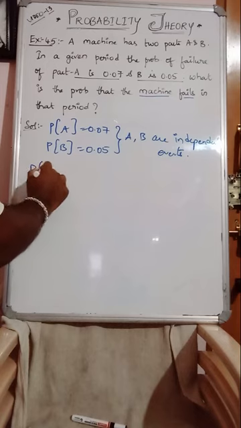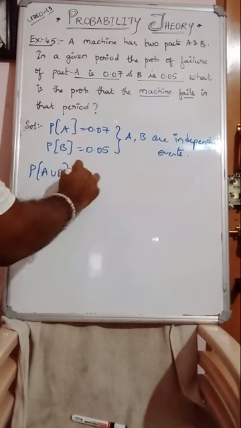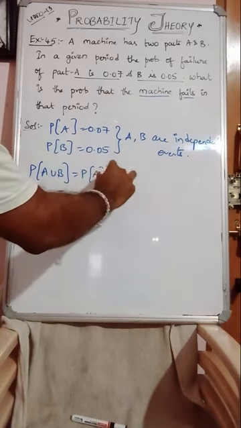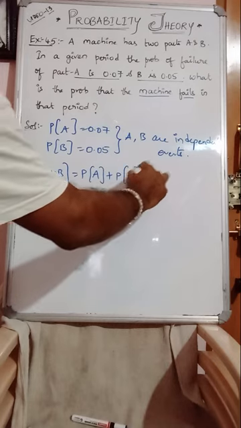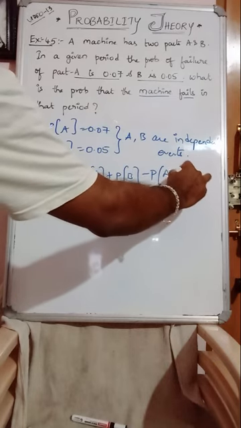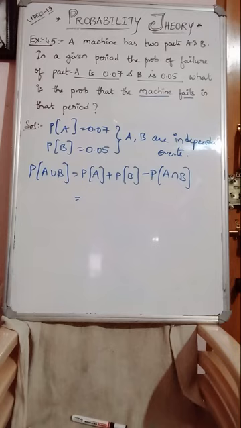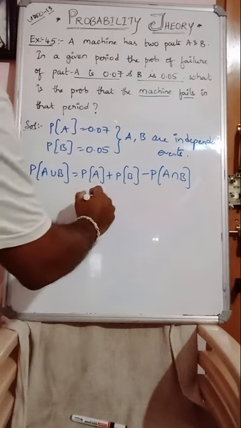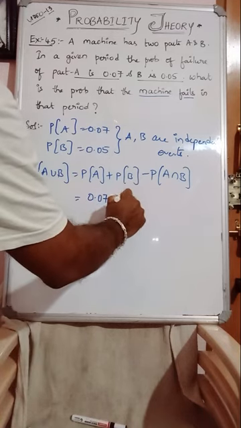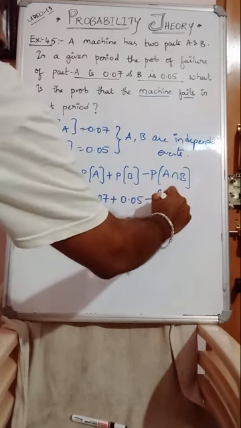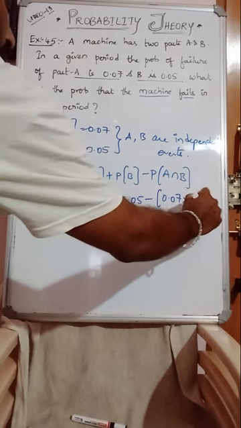P of A union B equals P of A plus P of B minus P of A intersection B. Here failure can be common, that's why it is non-exclusive, and A and B fail independently because they are two different parts. So P of A is 0.07 plus 0.05 minus 0.07 into 0.05.